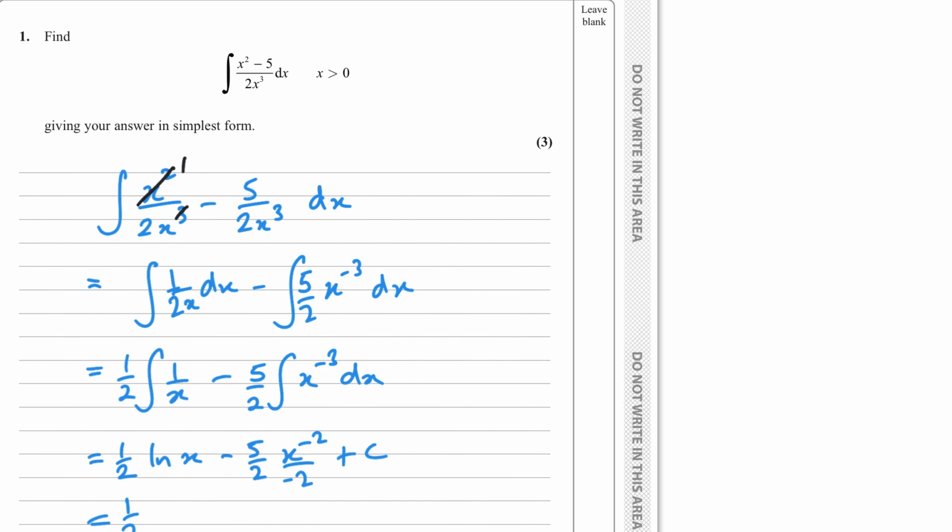So we've got a half ln x plus 5 over 4x squared on the bottom, plus c. So that was a half ln x plus 5 over 4x squared plus c. Obviously, if you still left it as 5 over 4 x to the minus 2, that would be fine as well.